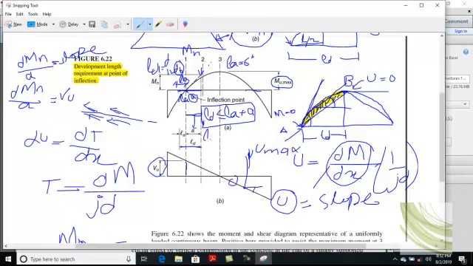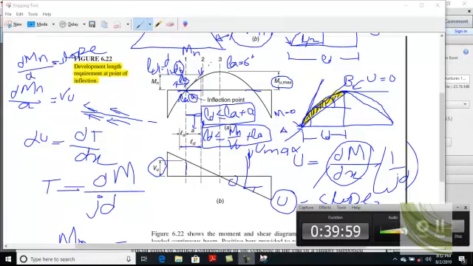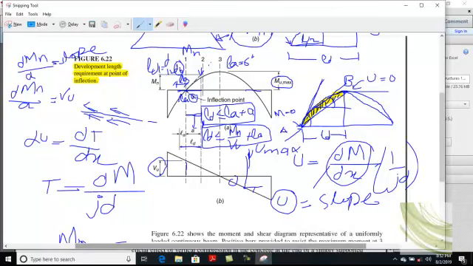And Ld should be less than or equal to A, which we derived as Mn divided by Vu, plus La. Clear? So inshallah, whenever we are solving problems relating to beams in which a point of inflection occurs, we will check this.